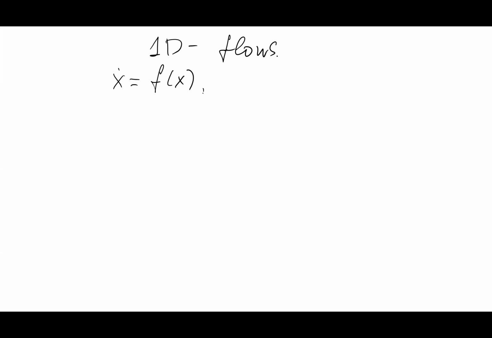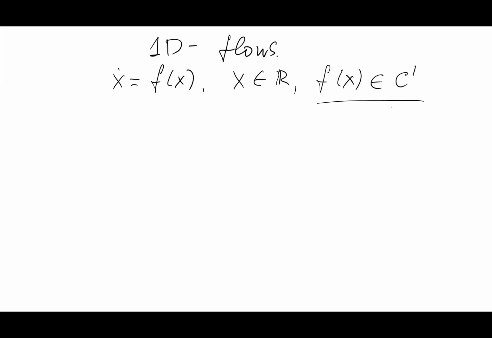So x is a variable which describes a physical system or dynamical system. So it should be a real number. Function f has a continuous first derivative at least on its domain of definition.